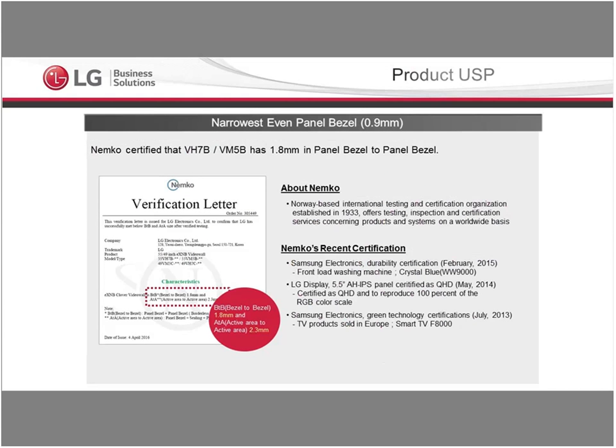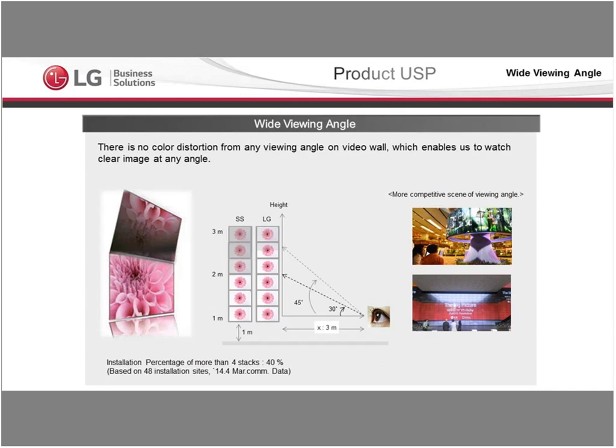Again, going back to certain things that we have, verification in Norway that this is the thinnest bezel manufactured against Samsung, against LG, against another Samsung product. So we are certified worldwide, I guess is the best way to put that. Talking about the viewing angle, again, looking at the height of the viewing angle, we talk about a manufacturer, we'll call that manufacturer SS, and we'll call it another manufacturer LG.